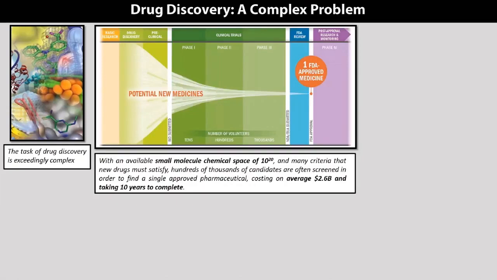So I probably don't have to describe to this audience the big picture challenges associated with drug discovery. It's obviously a very challenging endeavor overall. We're faced with this huge chemical space to sift through in order to take our pathway through to find FDA-approved medications, and this, of course, can take a lot of time and be very costly to complete.